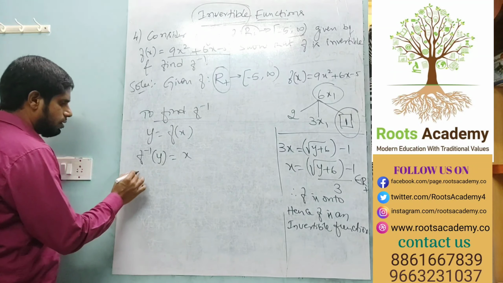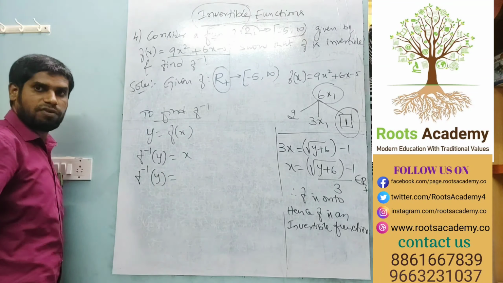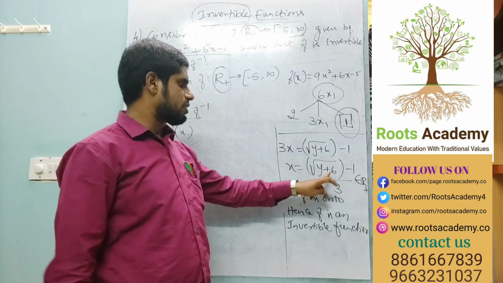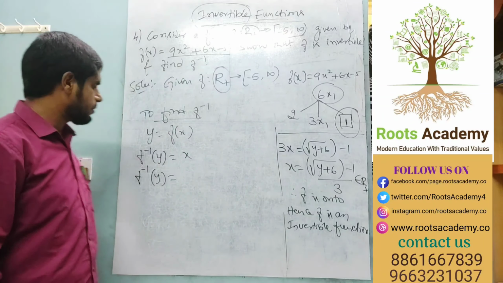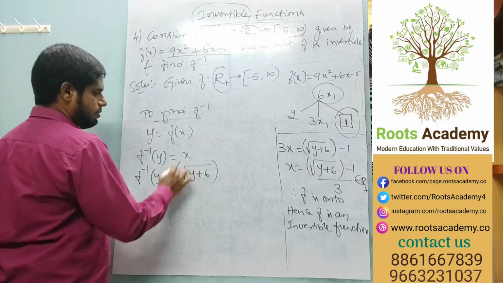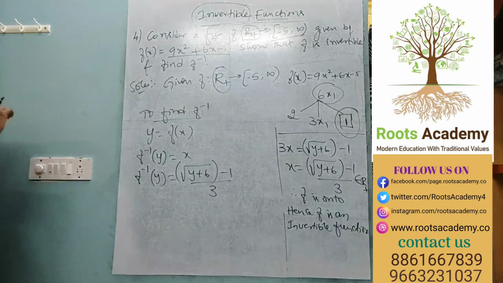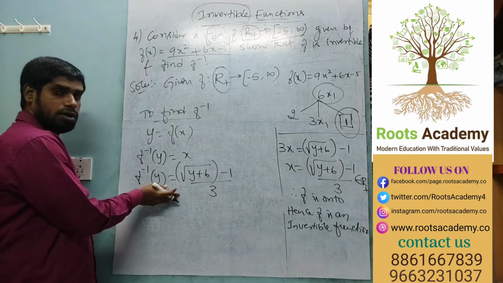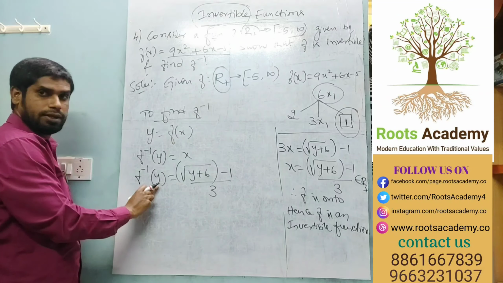Now here student, f inverse of y is equal to, what is the value of x? The value of x is root of y plus 6 minus 1 divided by 3. So here also it is root of y plus 6, bracket, minus 1, whole divided by 3. This is the value of x. And here I got the inverse of this function in terms of y.